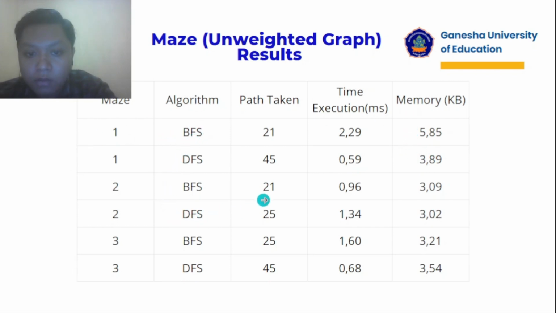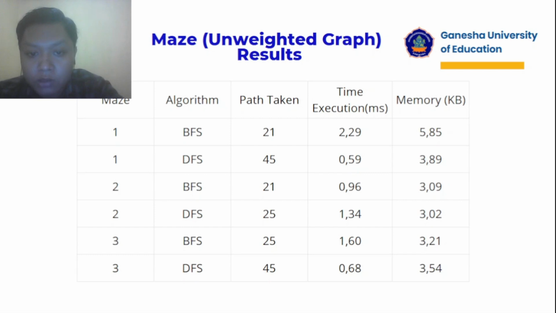For the second maze, we can see slight differences in the path that the algorithms take. BFS is still slower, and for the execution time there is a slight difference, and for the memory consumption it is also a slight difference.